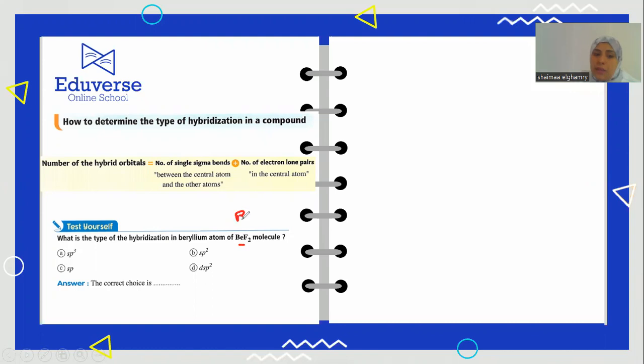So beryllium is very happy with having 4 electrons surrounding it. It's stable and happy. So here the angle is 180, and beryllium forms a bond with fluorine and another bond with fluorine. As it is a single bond, we have 2 sigma bonds surrounding beryllium. So the hybridization is what? sp hybridization.